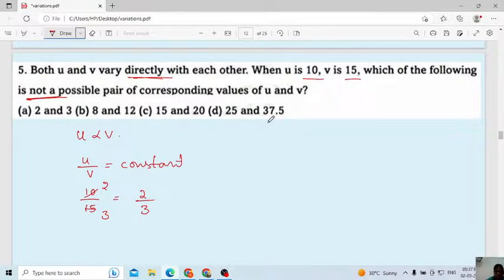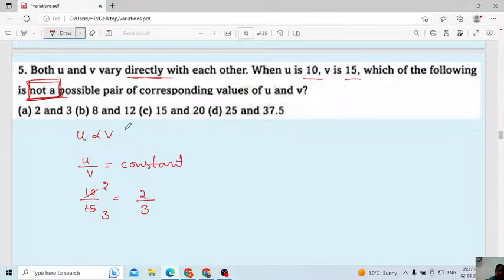They are asking which of the following is not possible. Why is everyone confused? Those who gave C, they are correct.